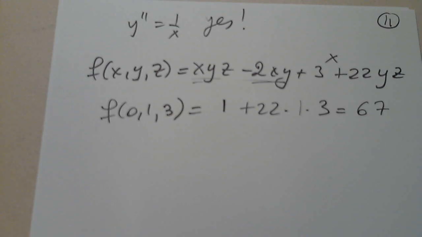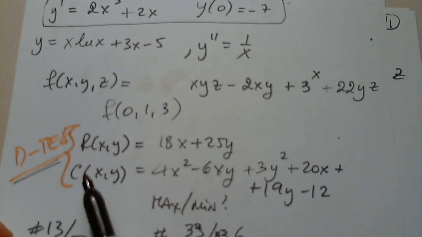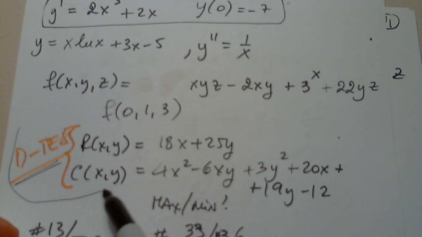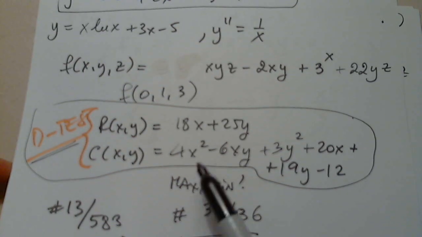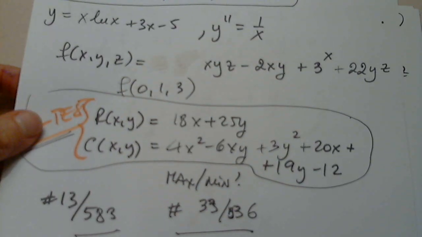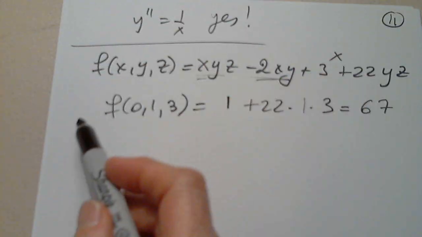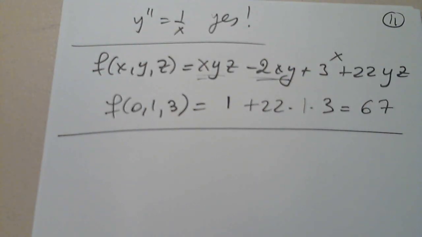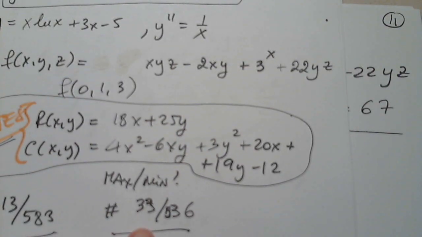So if we have time, and I think we will, we can repeat the d-test if you want on this one. But I'd like to look at the last 2 problems, and then we can come back to anything else. Any questions on this? Okay, I selected problems 13 and 33.